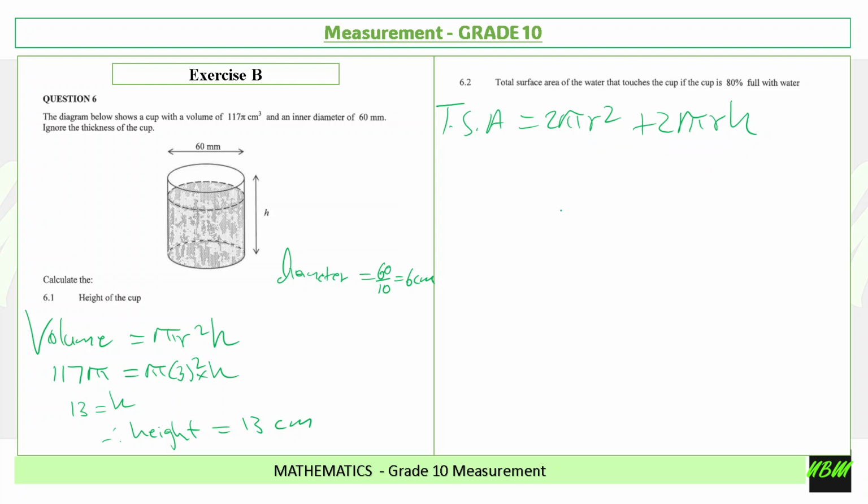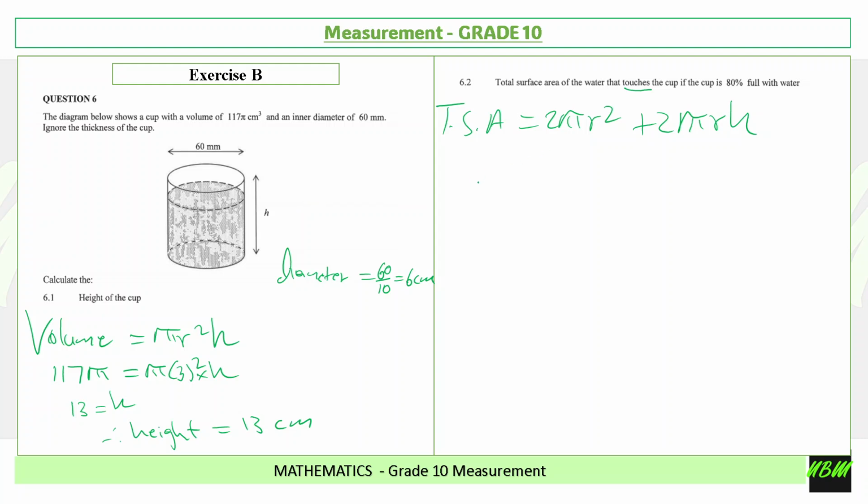Now, going back to our question, we only need the surface area of the water that touches the cup. So let's look at the picture here of the cup. It's clear that the surface area of the water that will touch the cup is the one at the bottom.